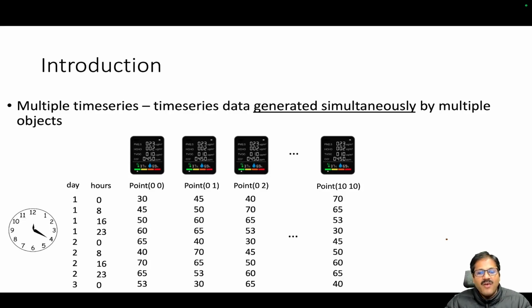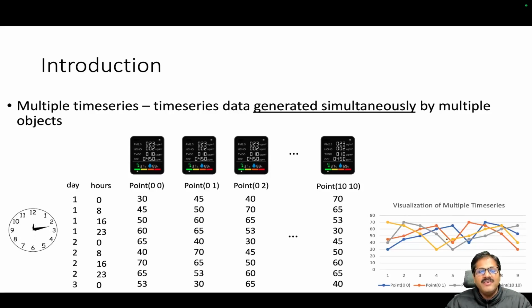The 8 hourly data generated by these sensors represent multiple time series. If we visualize the multiple time series, the figure is shown here. So such a data represents multiple time series.